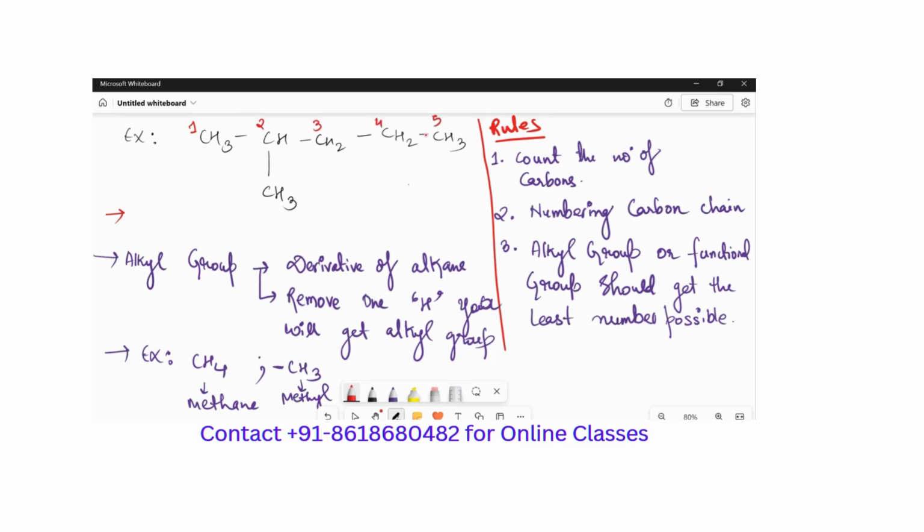For the least number for the alkyl group. Yes, good. So here you have the alkyl group on the second position. So for writing the name, you will start with the alkyl group. That is also one of the other rules: write the name of the alkyl group first.